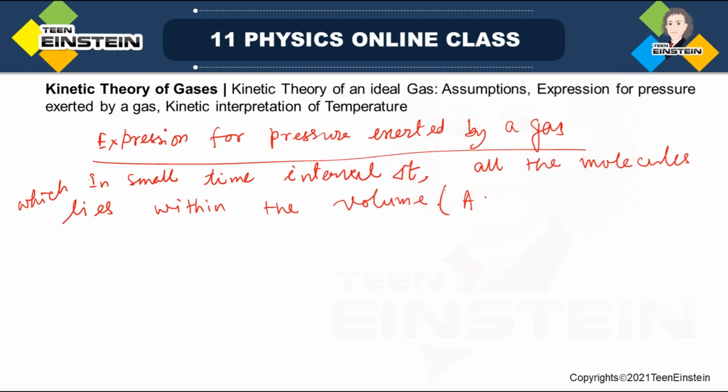So volume is A into vx. Now see the molecules which lie in the volume. There will be delta t also.